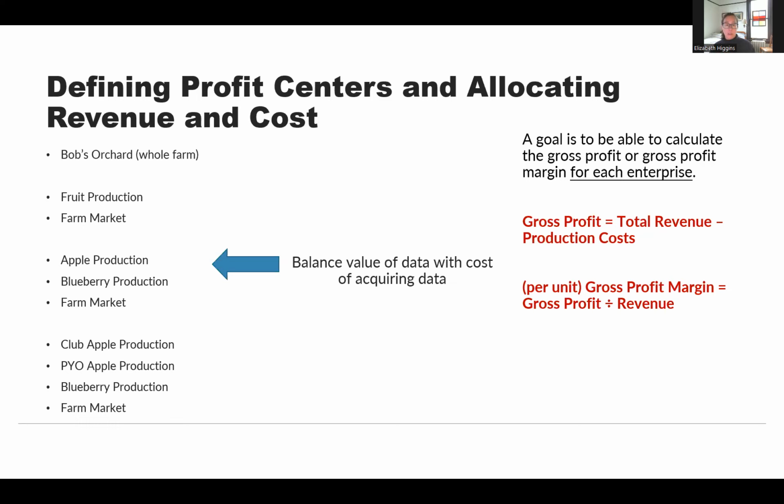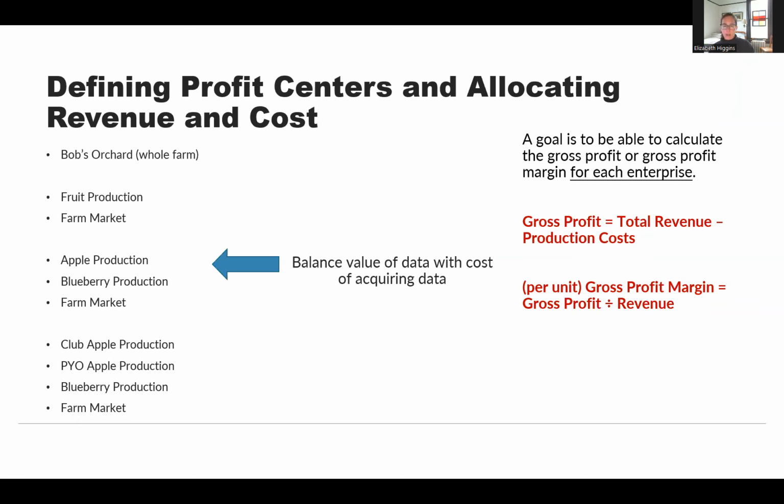By defining your profit centers and assigning costs to these centers, you can determine the contribution of that investment to profitability. But you can also spend a lot more time on record keeping, and there are more challenges with errors in record keeping. So it's just something to balance.